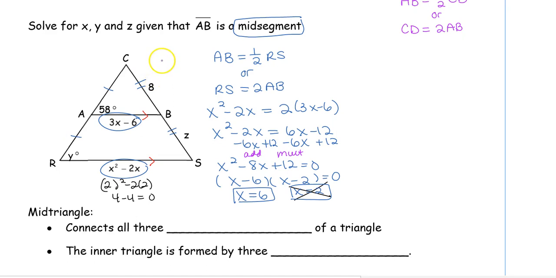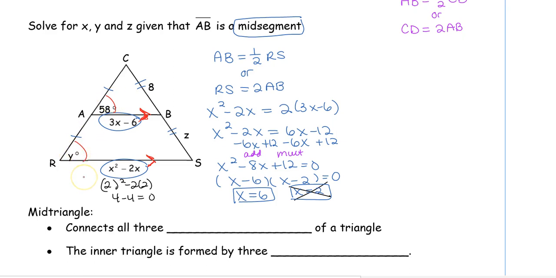Then let's go ahead and look at y. I see y down here. I see 58. We're going to use the fact that we have these parallel lines. And because these lines are parallel, these angles are corresponding angles of parallel lines. So our parallel line property unit is going to come back into play.